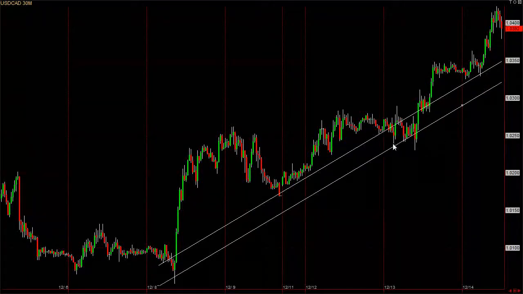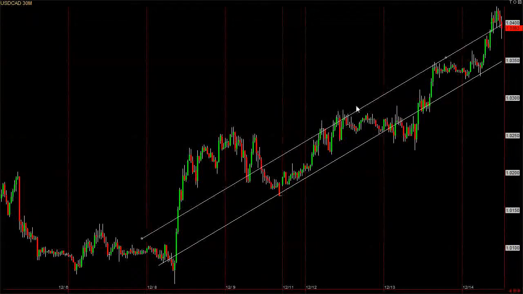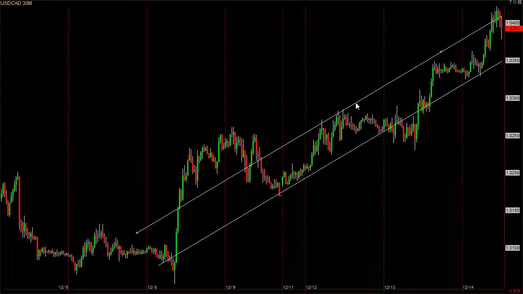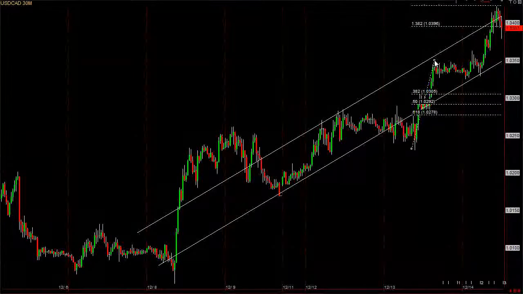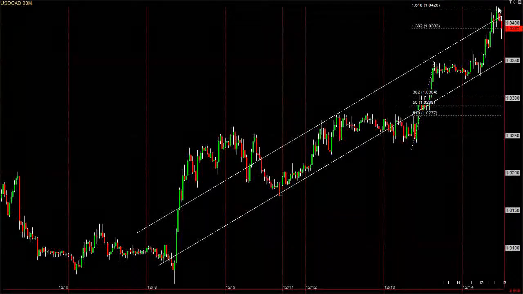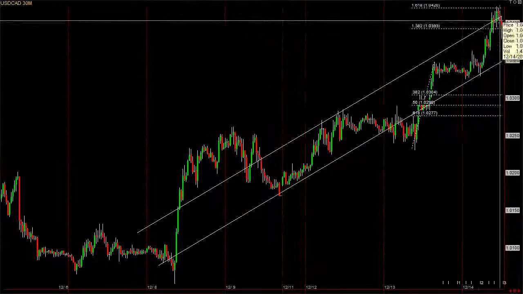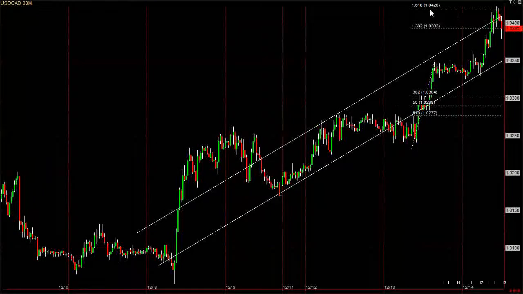So you right click on it, drag it off of the previous day's or the day after's high here, and it always helps again to have your Fibonacci profit target levels up here as well. Notice the 1.618 was the maximum high today. So basically at 1.0404 up to 1.0420, it was likely to reverse.